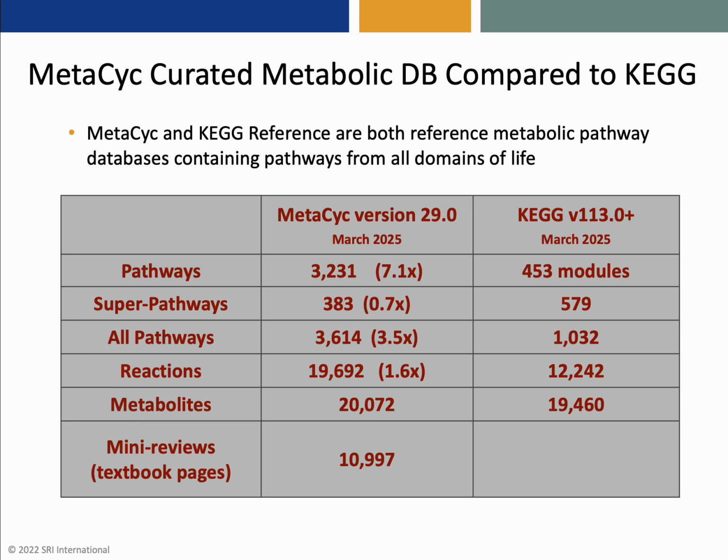So these are multi-paragraph summaries of what's known about a given gene or pathway that introduce them to someone not familiar with those in detail and provide citations to the literature. So MetaCyc, and this is actually a BioCyc-wide number, includes MetaCyc and the other databases. They include about 11,000 textbook page equivalents.